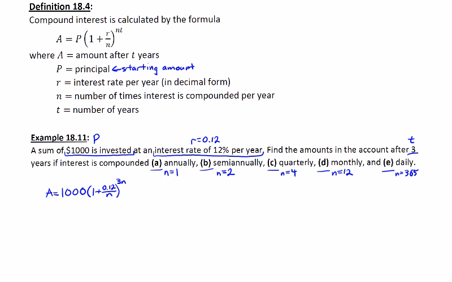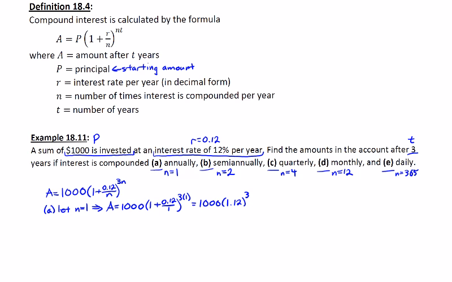So, for example, if we do part A, where we let n be equal to 1, then we're going to end up with A equals 1,000 times 1 plus 0.12 over 1, and then raised to the 3 times 1, which is going to end up being 1,000 times 1.12, all raised to the 3.